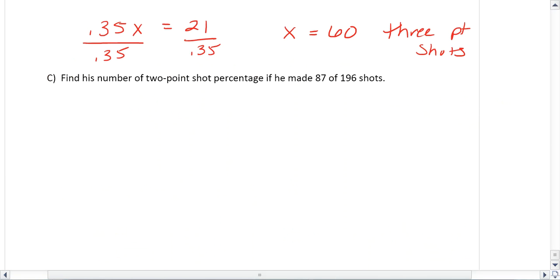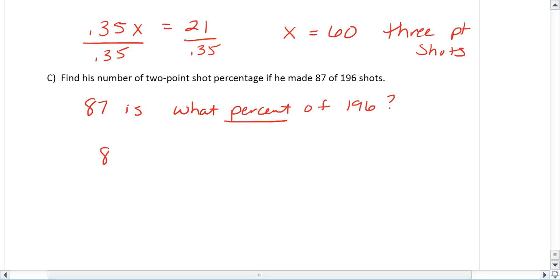Okay, the last stat we're supposed to find is his percentage of 2-point shots if he made 87 of 196 shots. So we would say 87 is what percent of the 196? Keeping track now that we are asked for percent, we have to make sure we change that in our answer.